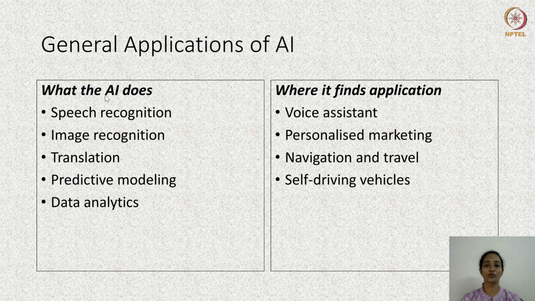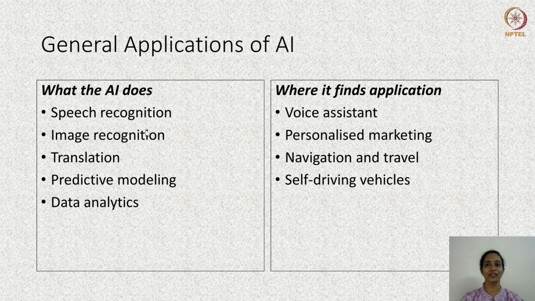Navigation and travel also works on speech recognition, but also predictive modeling and data analytics. That is, it not only recognizes the intent of your speech, but it also looks at the map and then identifies the shortest or fastest way to get from where you're going to where you want to go.